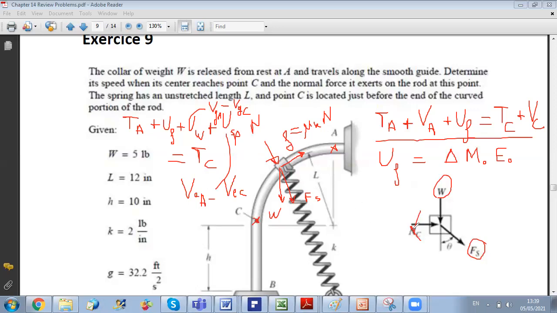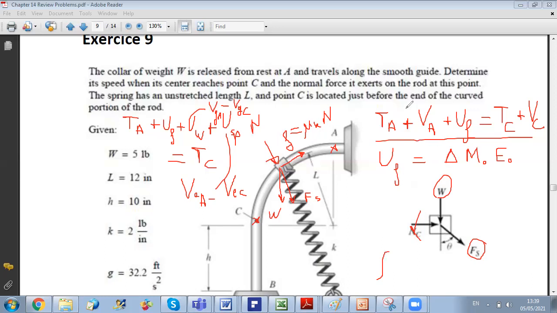Why? Because as we have seen, N is a function of theta, and also friction is a function of theta. So if you want to compute the work of the friction, you should integrate over theta. Which will give you some complexity in the solution, but this is the procedure.